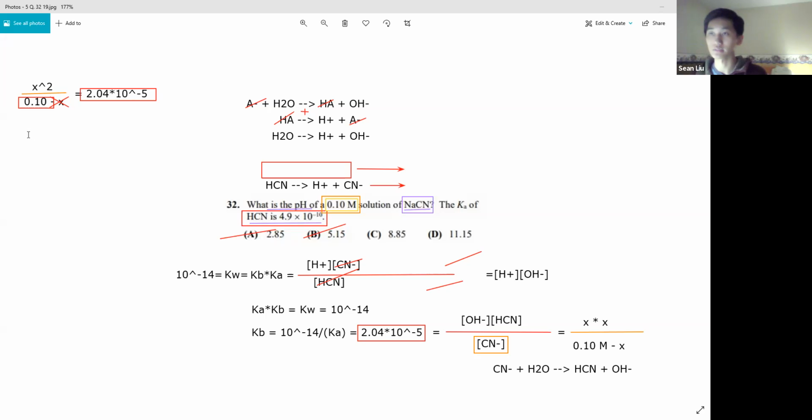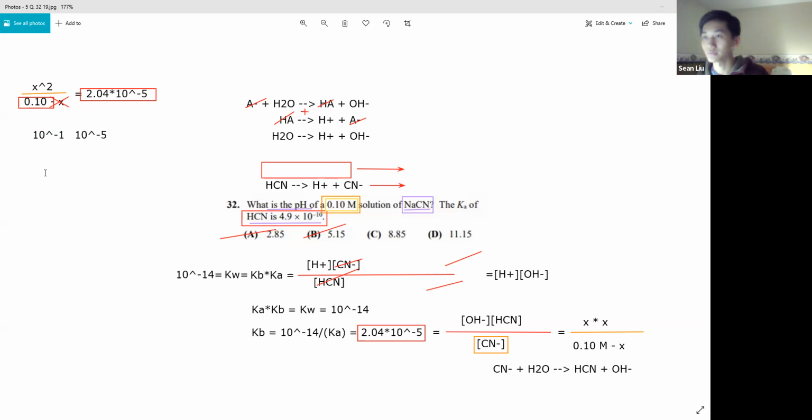If so, it's going to be a valid assumption to remove that minus x. If it's less, if it's like 2 powers away or 1 power away, then your assumption is no longer going to be so valid. You're going to have more of 5% error or 10% error on your X value, and that's not something you want. In this case, though, we have 10 to the negative first versus 10 to the negative fifth. That's 4 difference. This assumption is going to cause basically 0 change to your final value of X.